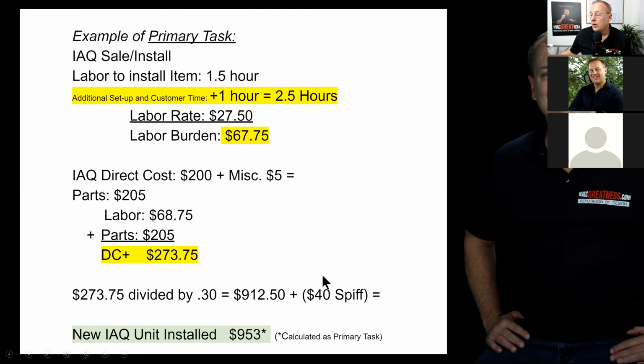But as a primary task, we're out there and say, listen, this new humidification system will deliver these particular results, whatever it is that they happen to deliver and your homeowner needs. And so for an additional $953, you've got that covered. Now, if we pull out that direct cost, $912.50, because we took out the spiff, minus that $273, and we divide that by 2.5 hours.